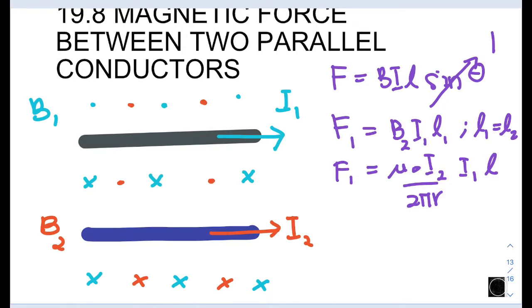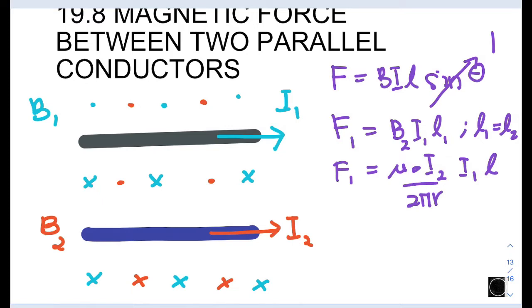So for the direction now, let's try together. Let's recall right hand rule number 1. Place your index finger in the direction of the current I1. The B is B2, because we are considering wire 1, so B2 must be the one that causes the force.